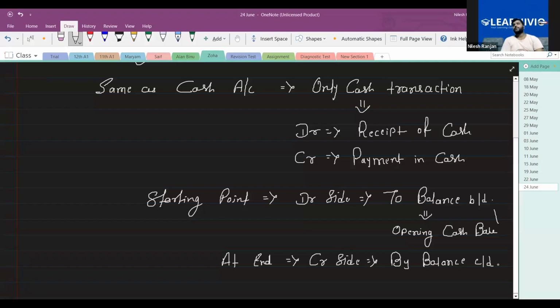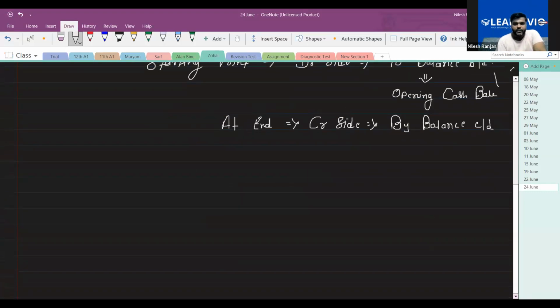Now the question is, is there always an opening balance in the cash book? No. If you have started your business in the current year, then there will be no opening balance, because you have started this year. Whatever amount you have invested this year, there is no previous balance.